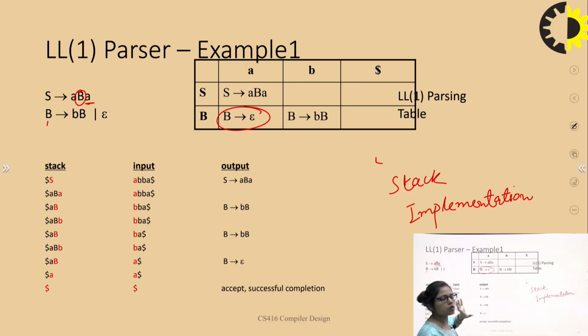The input string is already given, right? We need to parse this string with the help of this parsing table and the rules which I told you in the starting. In the stack the starting symbol is always S. We have the input string: small a, small b, small a, and dollar.